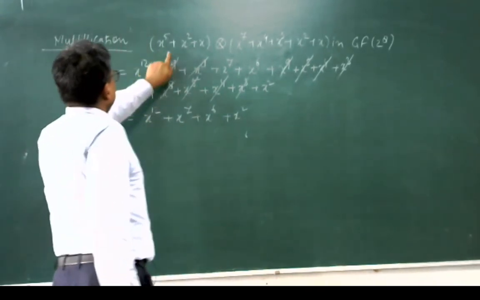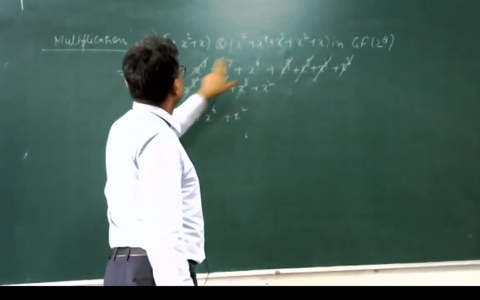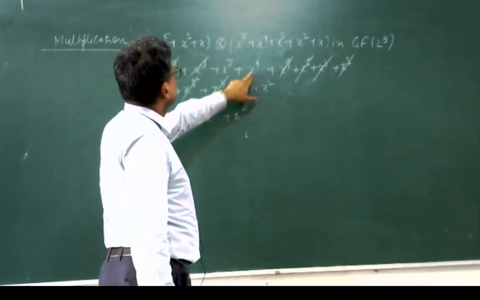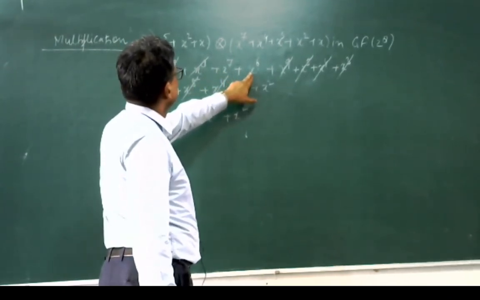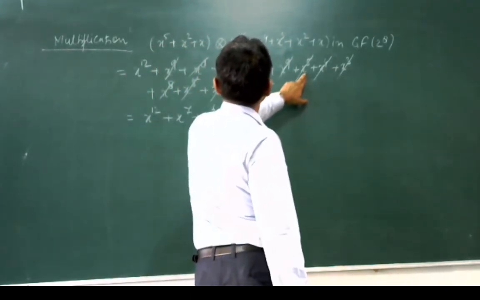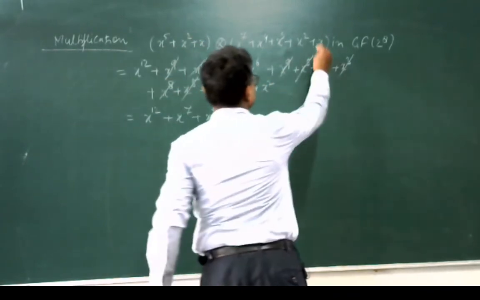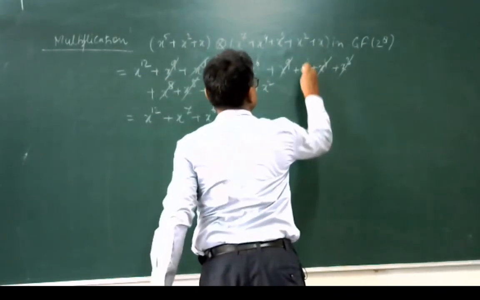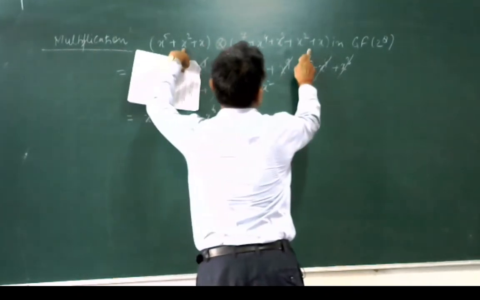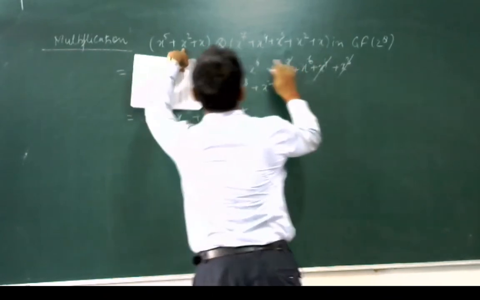Let us check one more time. X to the power 12, x to the power 9, x to the power 8, x to the power 7 and x to the power 6. Then x to the power 9, x to the power 9, then x to the power 6, right? This is x to the power 6. Then x to the power 4, no, it will be 5.